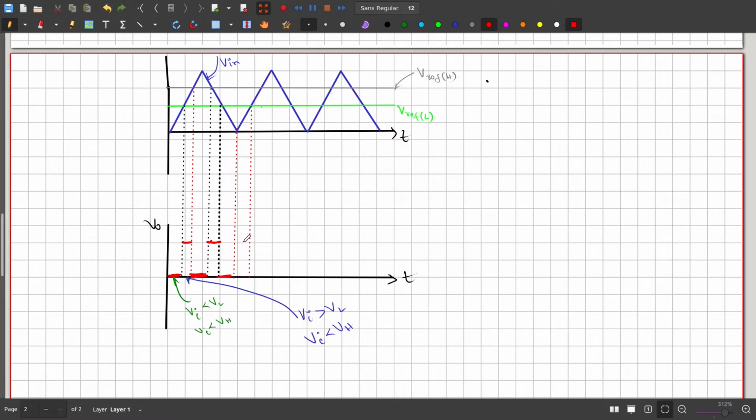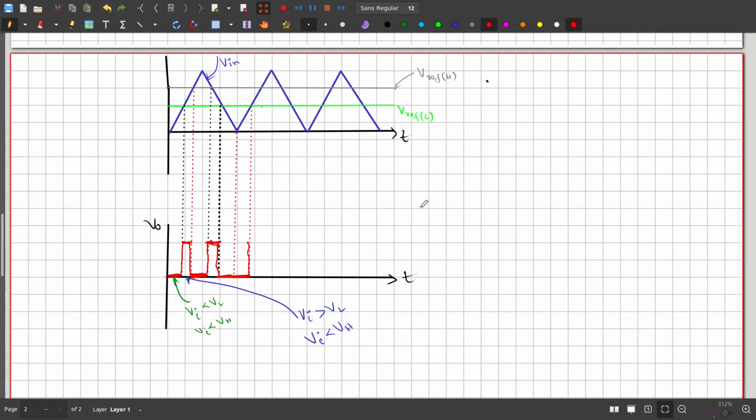And here also it is less, so it's logic low. Therefore, our output looks something like this. Whenever our input voltage is in between this region, it will have a logic high, or else it will have a logic low. So this is called a window comparator.